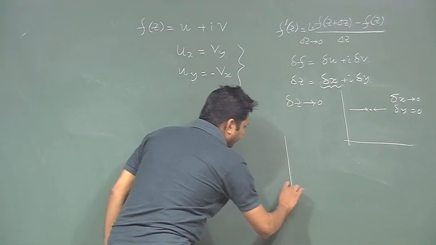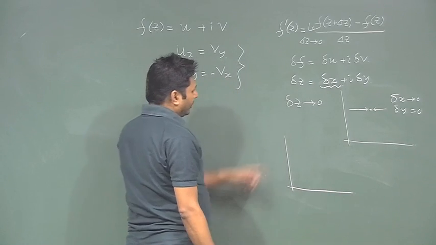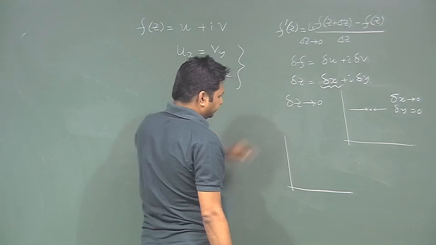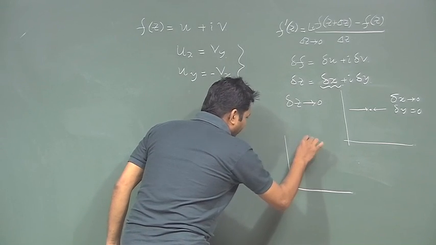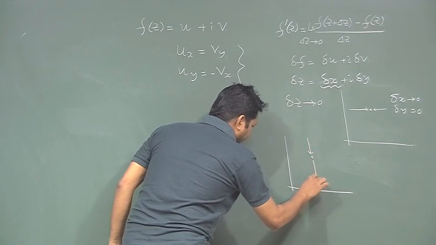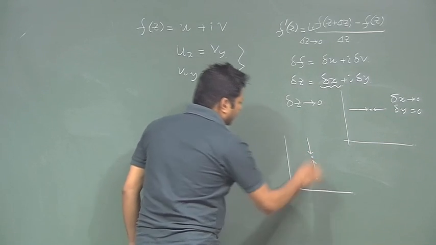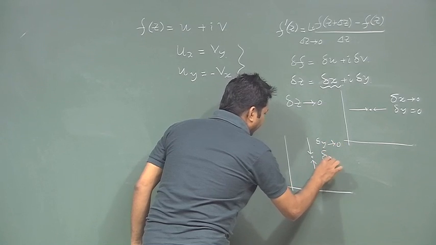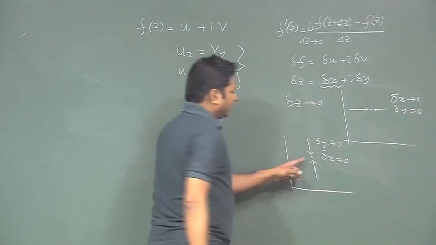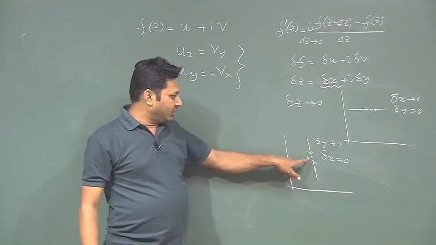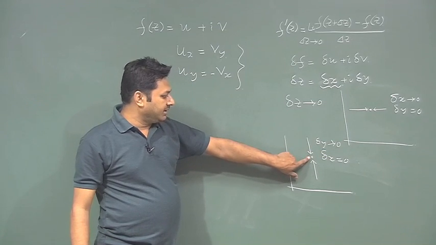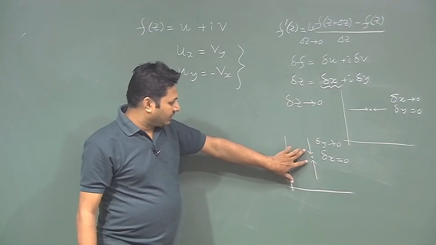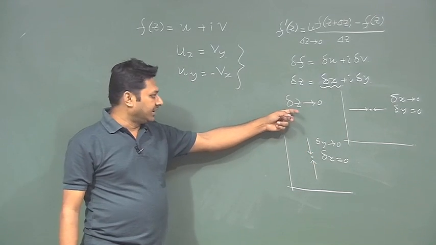In the second case, delta y tends to 0, but delta x is equal to 0. That means I am not approaching from the other side, because from the very beginning I put delta x equal to 0, and I am approaching along this side so that the limit can be satisfied.